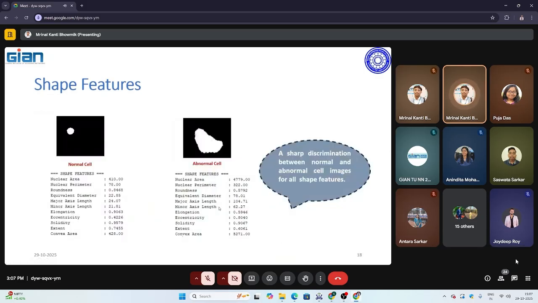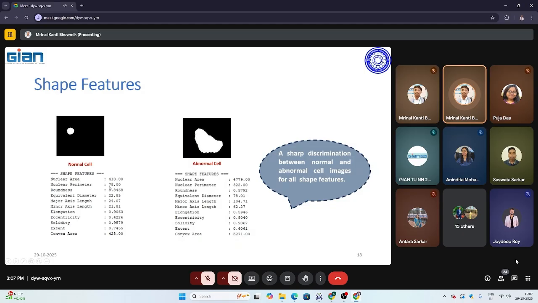Now you can see the shape feature values for normal cells and abnormal cells. For the first normal cell, the nucleus area is 410, whereas the nucleus area of the abnormal cell is 4779. So this feature can be an indicator of geometrical irregularities. Next is nuclear perimeter.